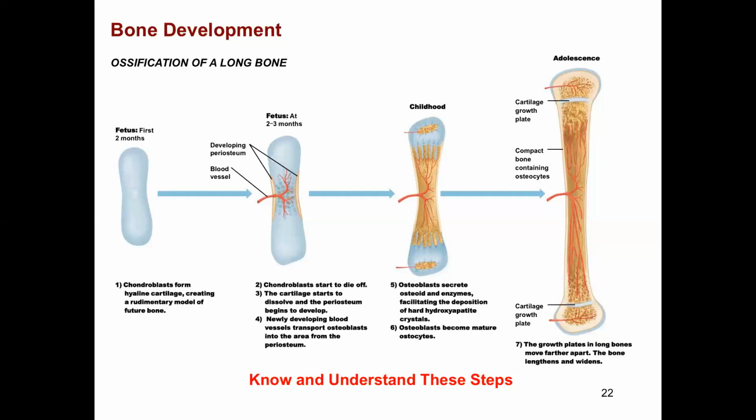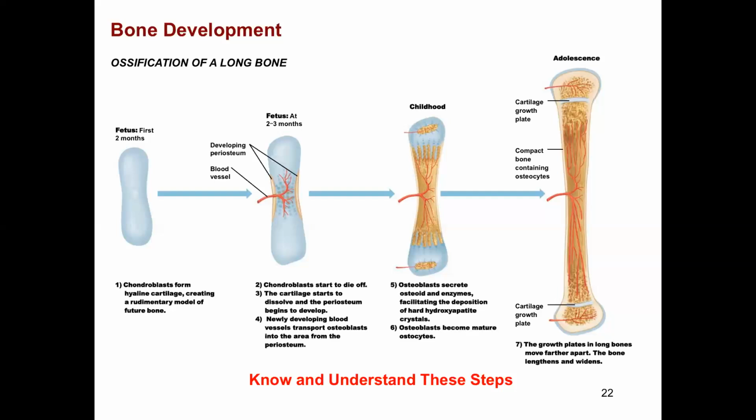This osteoid is really good at allowing crystals of calcium and phosphate, called hydroxyapatite, to stick to it and harden this matrix. And remember, the osteoblasts become trapped in that matrix and become osteocytes.